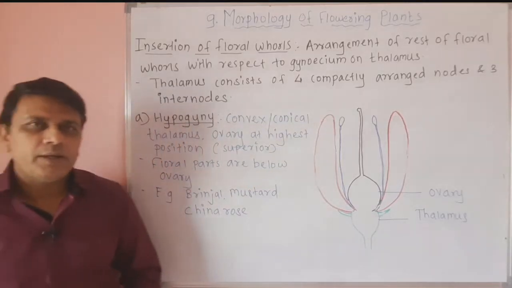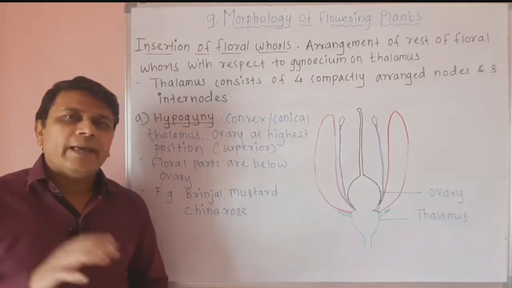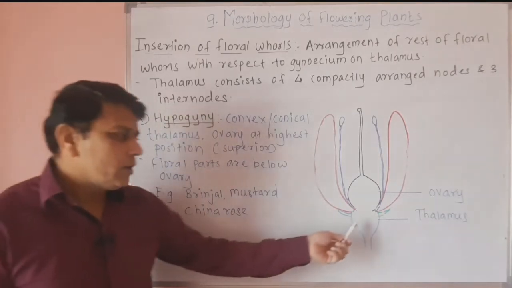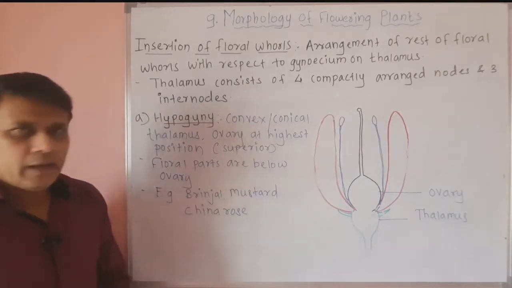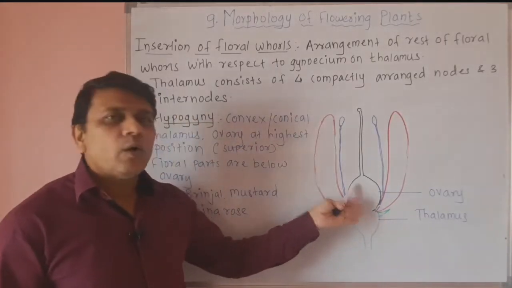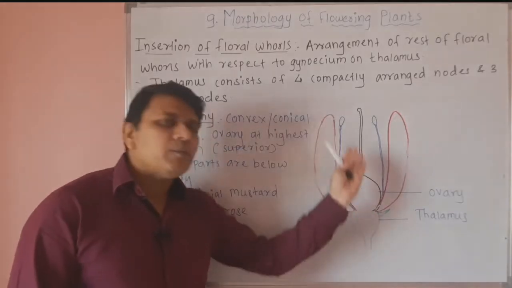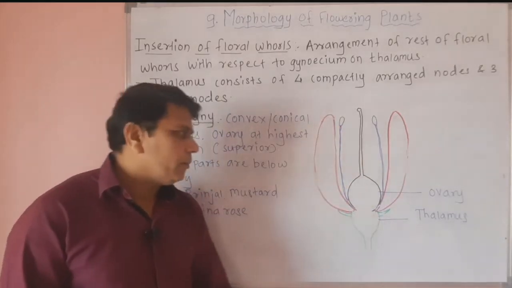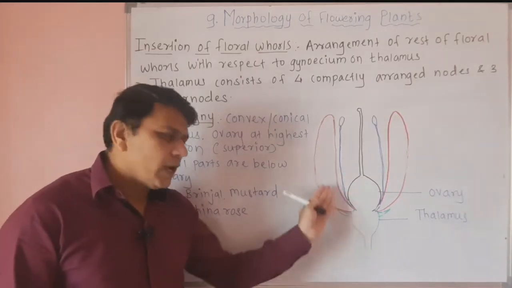Now, in hypogyny, the flower is called as hypogynous flower. So, hypogynous flower shows convex or conical thalamus and ovary is at the top position or it is at the higher position, and from the lower side of the ovary of the gynoecium, different floral whorls are developed.